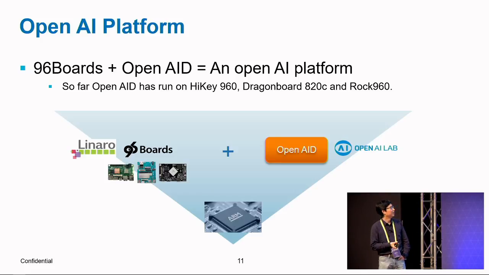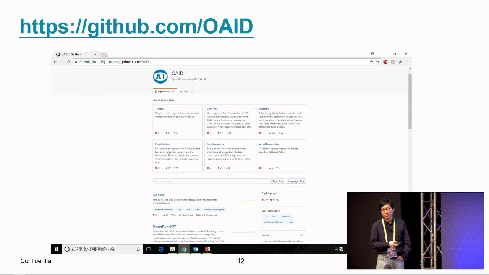So now we have OpenAI running on HiKey, HKG18 Dragonboard 820C, and Rock960. All of the solutions are ARM-based. This is our link. You can get almost everything from this GitHub link.